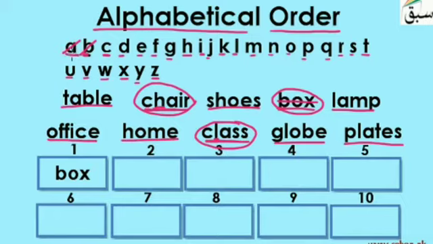So, we will read A, B, C, D, E, F, G, H. So, H comes before L. So, chair we are going to write in the second box and L comes after H. So, class will be in the third box. Now, we are going to cut these two words, chair and class.